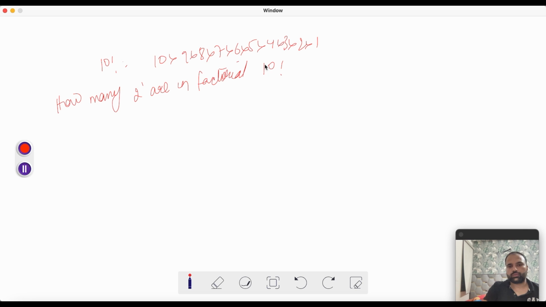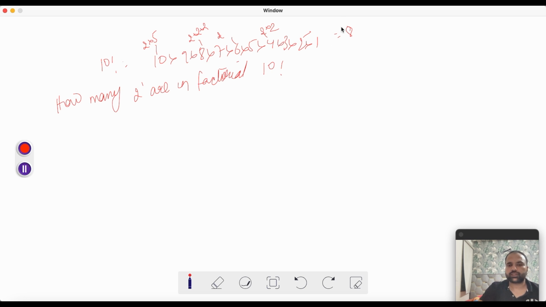If we start calculating, here we have 1 two, here we have 3 twos, and then here we have 1 two. So if we add up: 1, 3, 4, and 5 to 7 is 8.